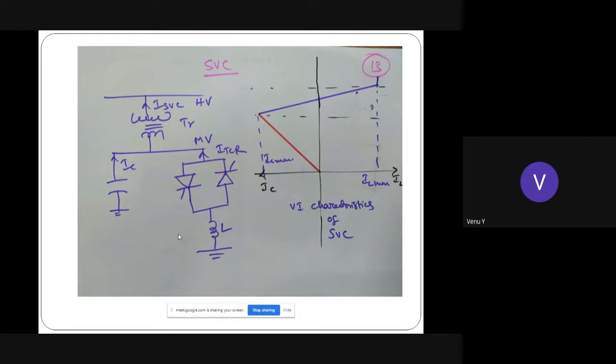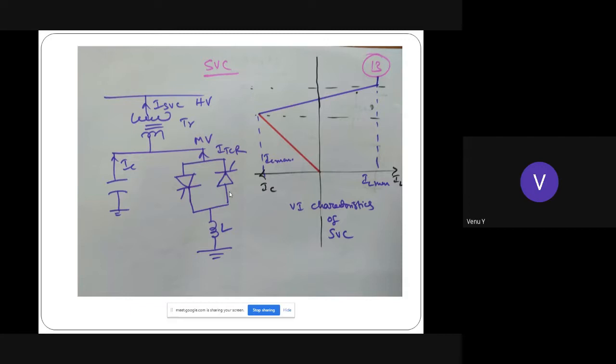Or you can provide a TSC-TCR type compensator such that the fixed capacitor can be broken into a number of TSCs, and those are operated with on and off control, and thereby you can reduce the size of the TCR, and hence the harmonic content can also be decreased.